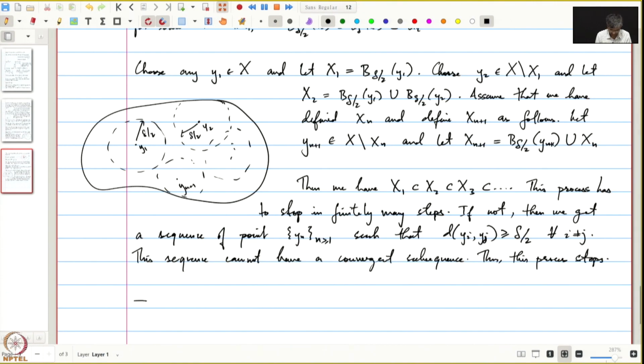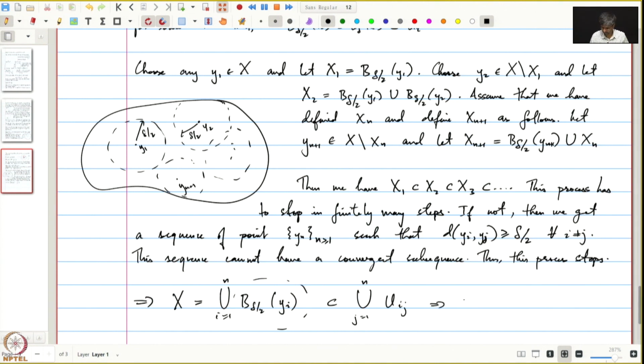Right. So this implies that our X is contained in the finite union of B delta by 2 y i's, i equal to 1 to some n, right, and each of these balls is contained in some u i j, j equal to 1 to n, right.